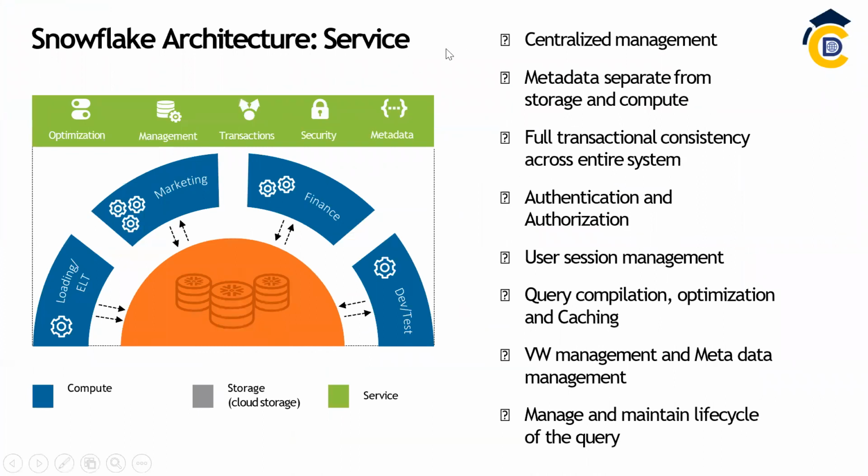This cloud services layer is responsible for transactional consistency. Consistency means that if I updated or inserted into some table, the exact current state of that table should be available everywhere. In traditional shared-nothing architectures, the data was specific to each node. So if I inserted into the employees table on the first node, that change had to be communicated to all the other nodes.